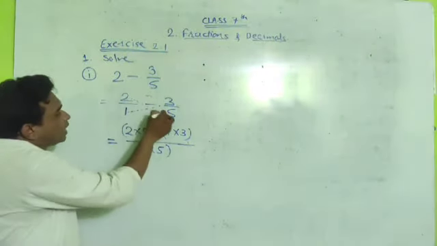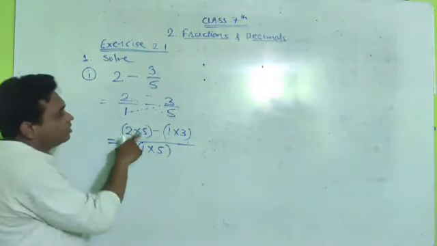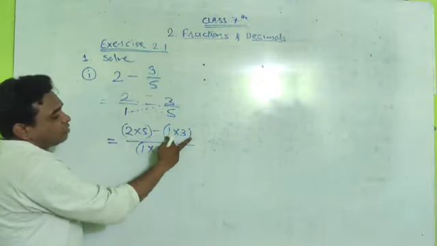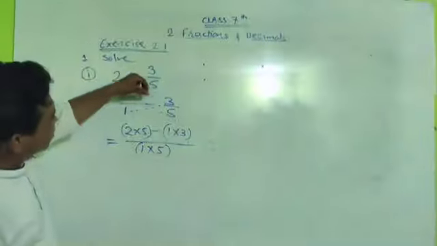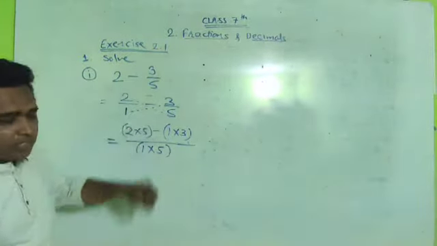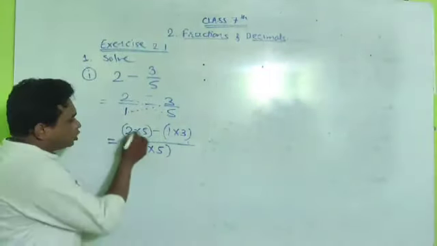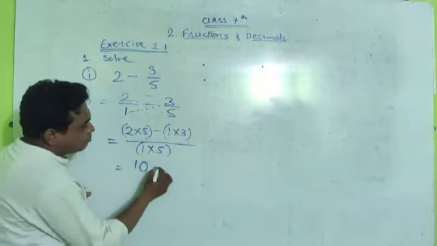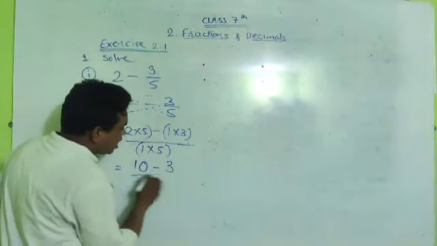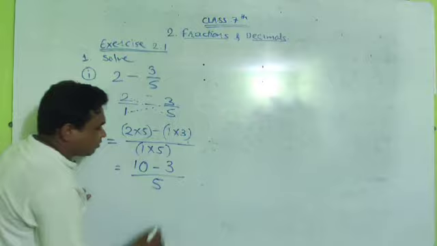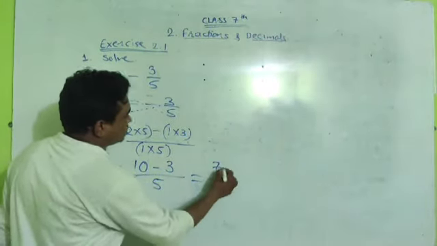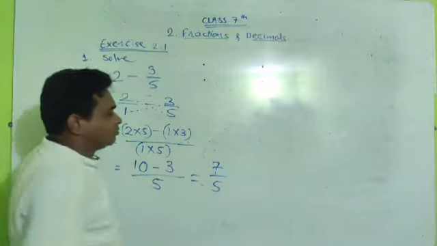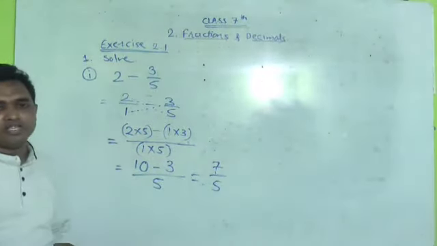Then 2 multiplied by 5 cross multiplication in a bracket, and 1 into 3 in a bracket, with subtraction between both products. Now 2 into 5 is 10, minus 1 into 3 is 3, upon 1 into 5 is 5. The answer is 10 minus 3, that means 7 upon 5. It is the answer of the first question.